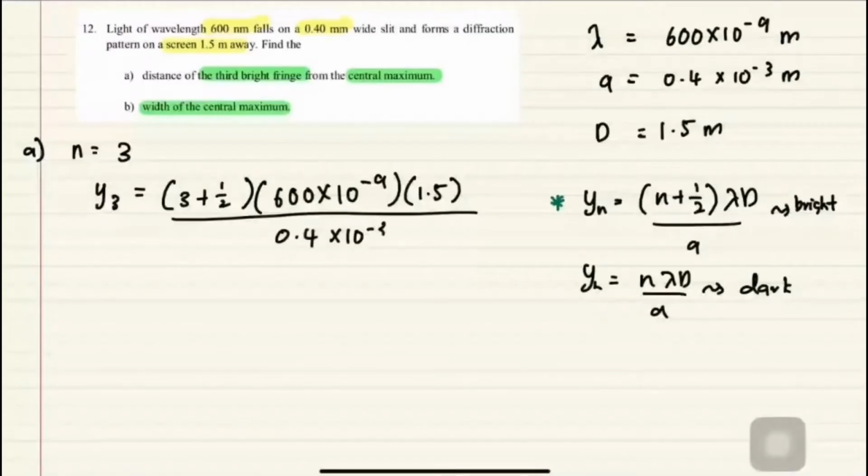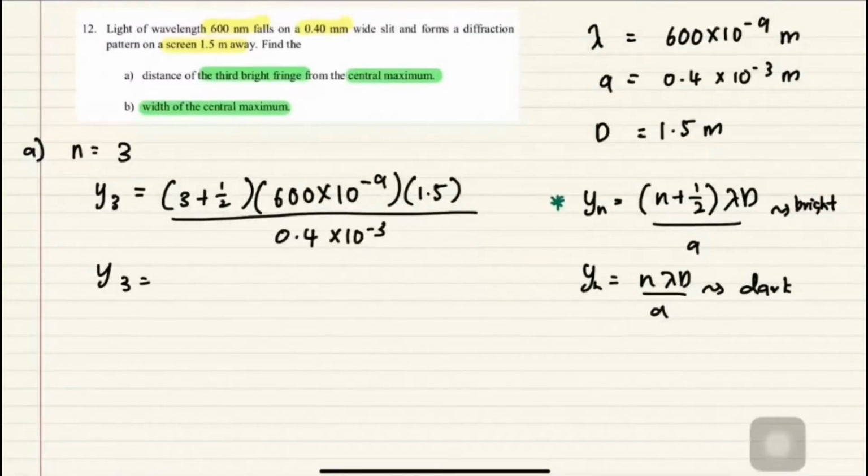So Y3 is equals to 3 plus half, lambda is equals to 600, D is 1.5, and then A. Apa namanya? 7.88. 7.88.